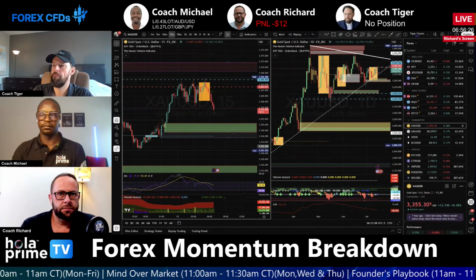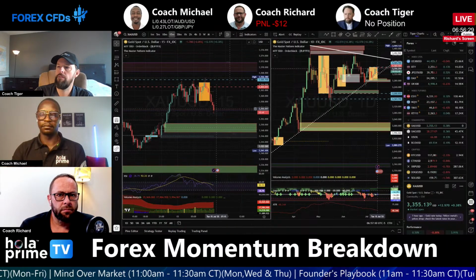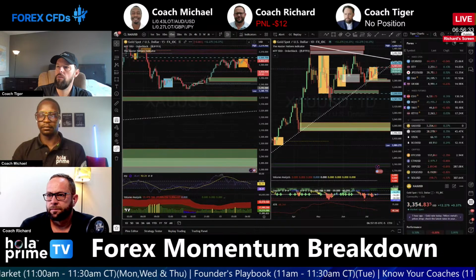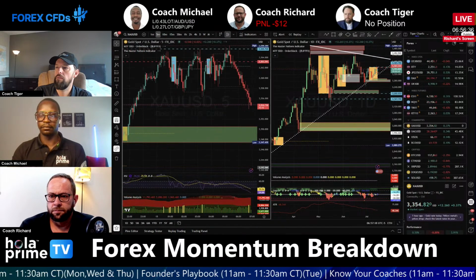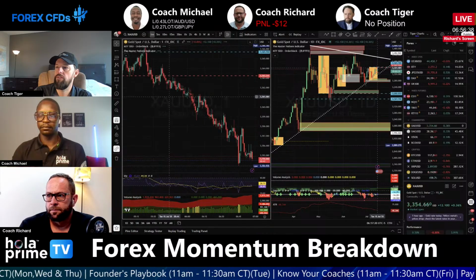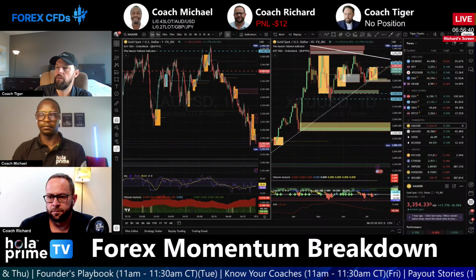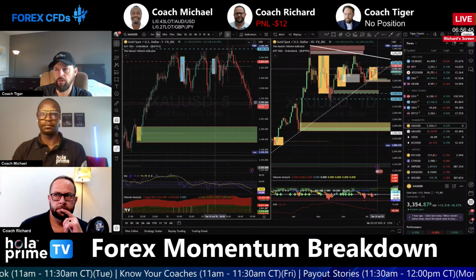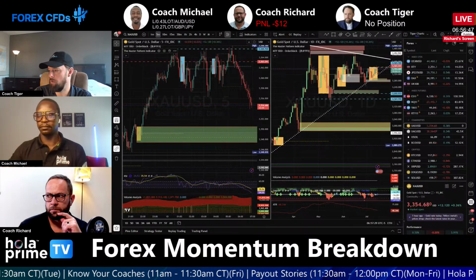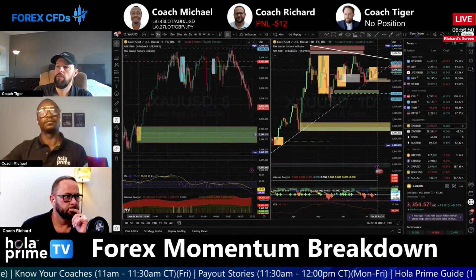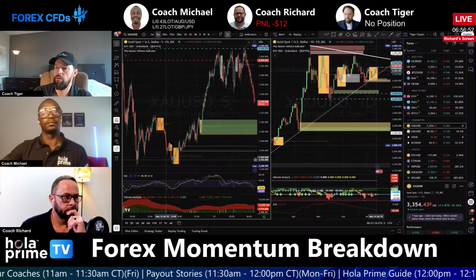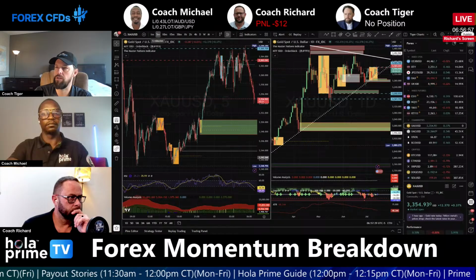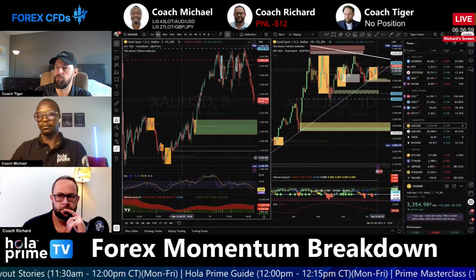Looking at gold over here, this is probably the most perfect example of the master pattern in effect. You get a former uptrend, we're looking at a 5-minute time frame, so a small time frame, but this is the same with all time frames.